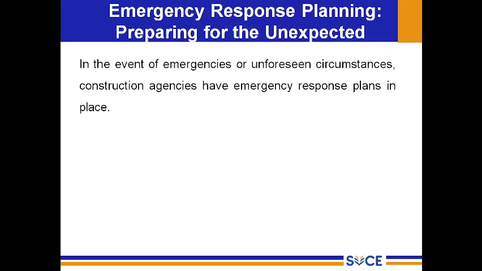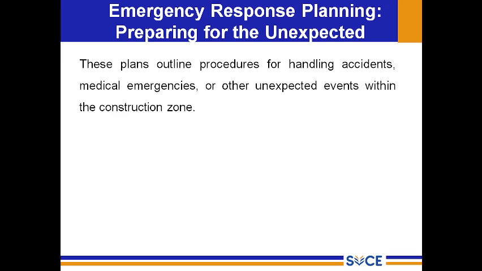In the event of emergencies or unforeseen circumstances, construction agencies have emergency response plans, like access for ambulances, firefighting vehicles, or police personnel. So for that, the facility should be there near the construction site or on the detouring road. These plans outline procedures for handling accidents and medical emergencies.